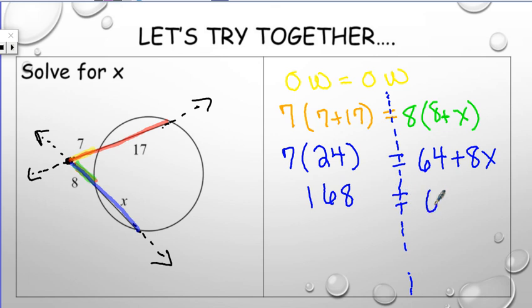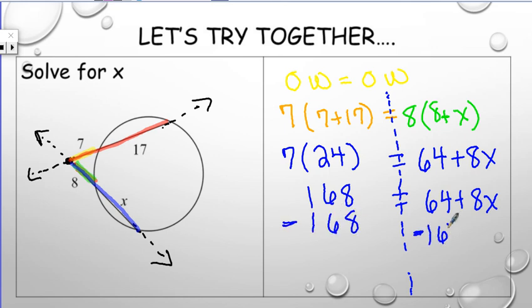And then here, you can solve this like a regular equation. There aren't variables on both sides, so you don't have to worry about keeping the constant on the right and the variable on the left. I'm going to put the constants on the right side.